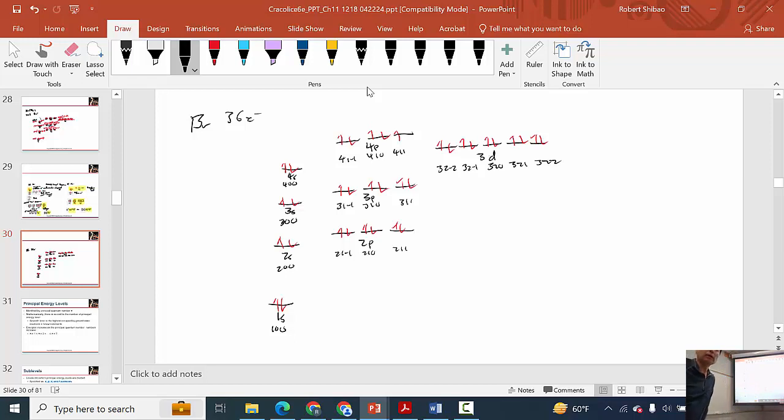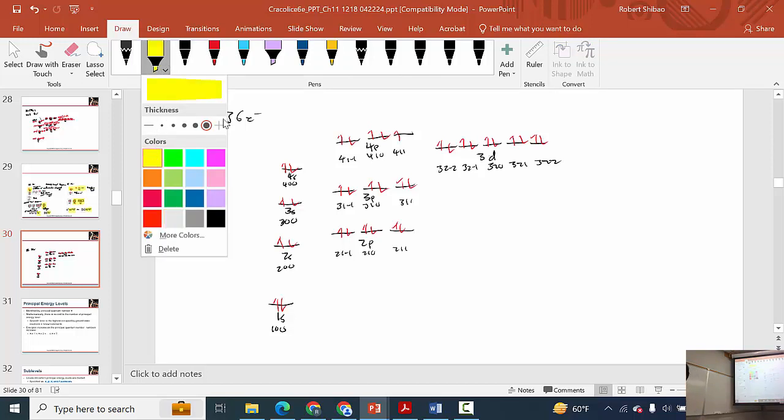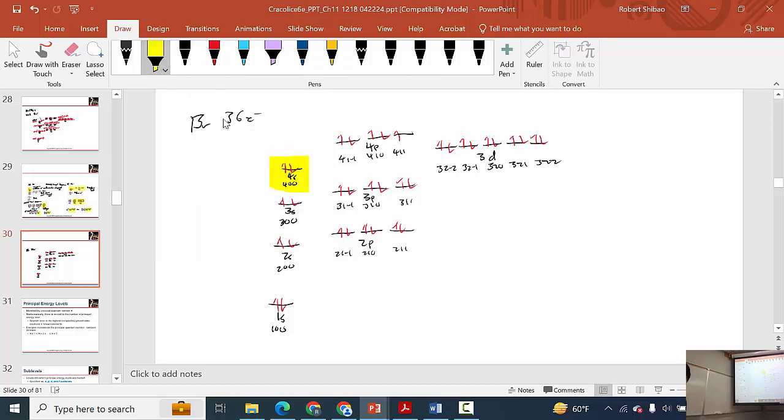And so it turns out that the valence electrons in the fourth shell are the 4s and the 4p. And the 4s and the 4p, these are the highest n. And so we call these the valence.